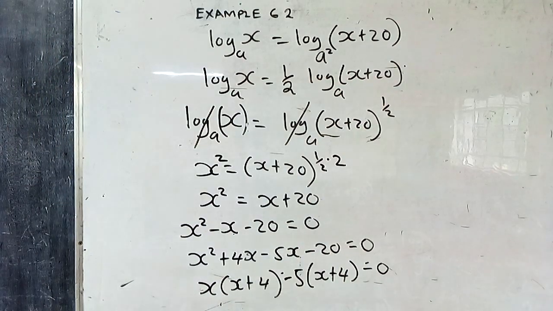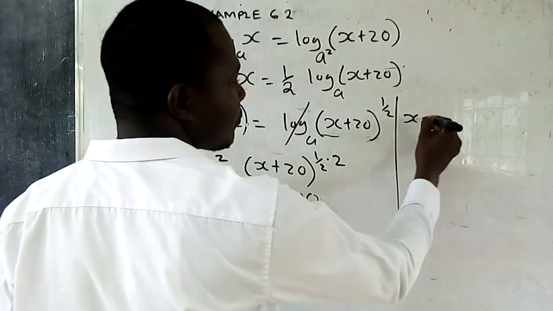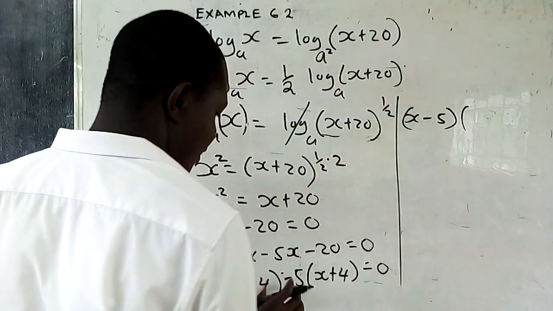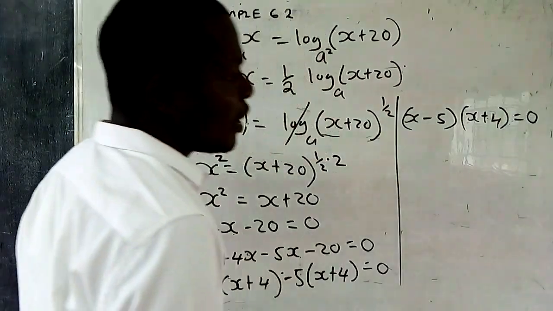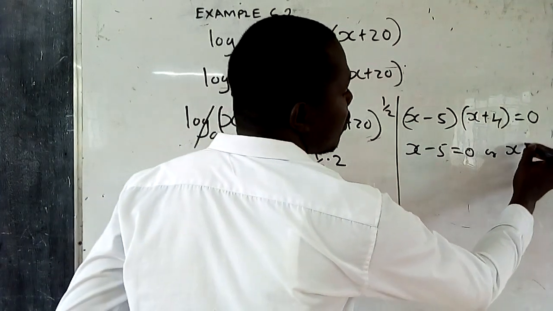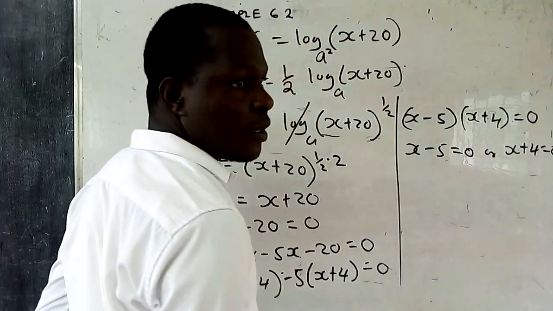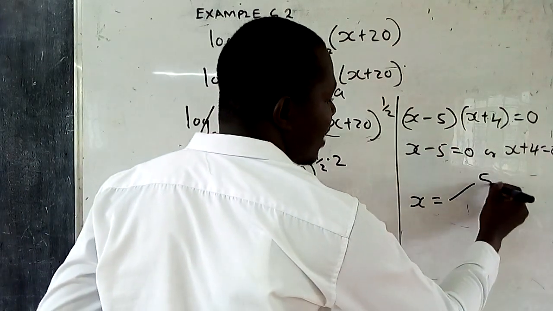Are we together there? So having that done, what does it imply? So we have x minus 5 and x plus 4 is equal to 0. So it means either x minus 5 is equal to 0 or x plus 4 is equal to 0. So x is equal to what? The first solution of x is positive 5, isn't it?